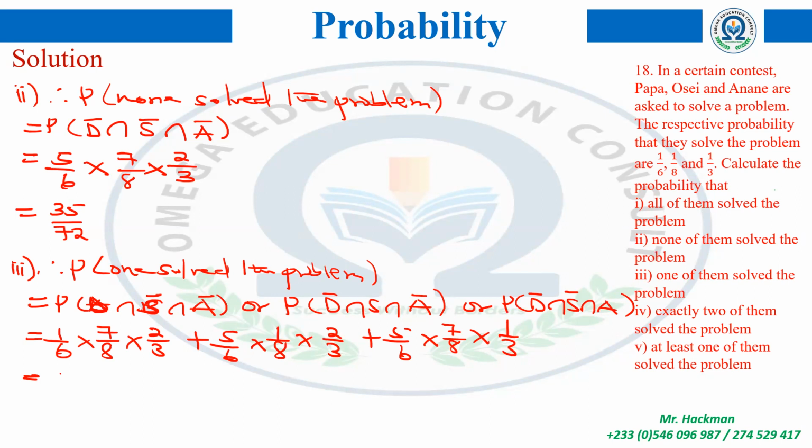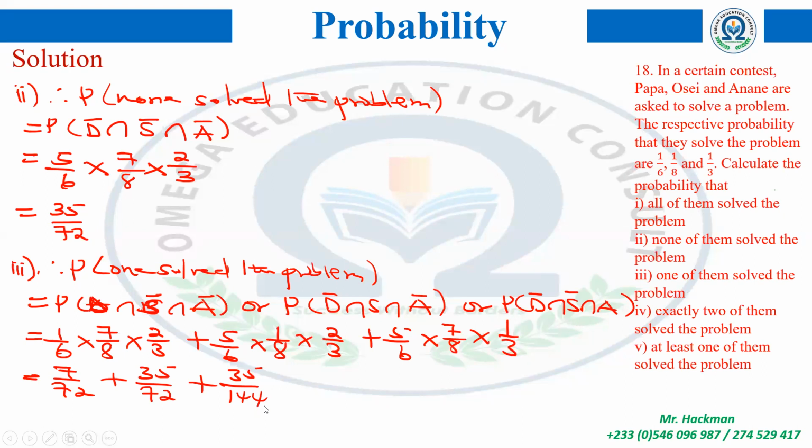Yes, please. Then the second term. 35/72. Plus the third term. 35 over 144.